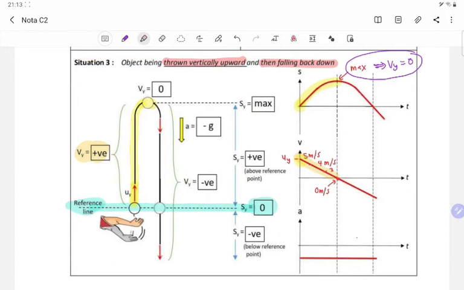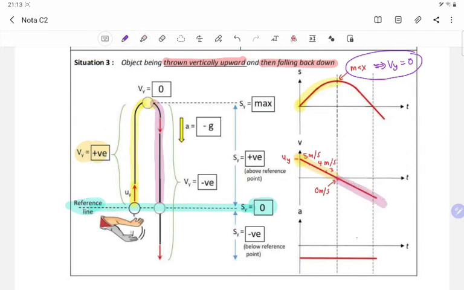Daripada dia berada di atas maximum height, dia akan jatuh balik disebabkan oleh graviti tarik bola tersebut untuk turun ke bawah. So, in terms of velocity, disebabkan direction dia moving down, nilai V kita adalah nilai negatif. So, bila awak tengok pada graf, sekarang ni dia berada di bawah part C.